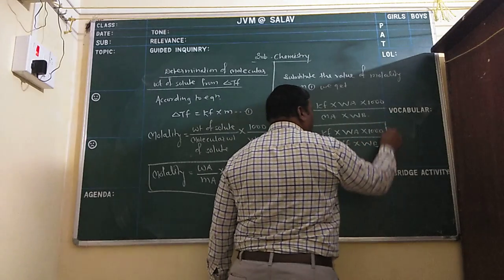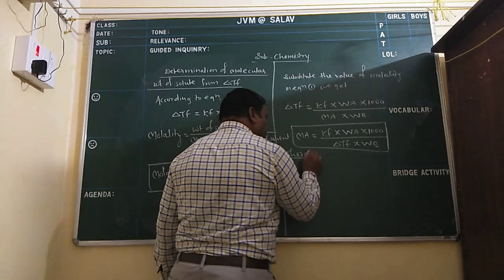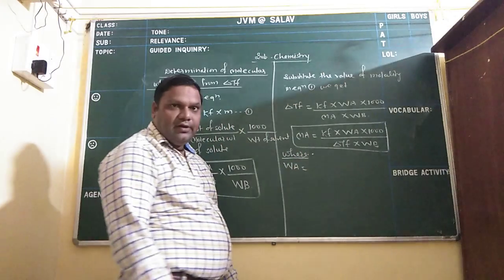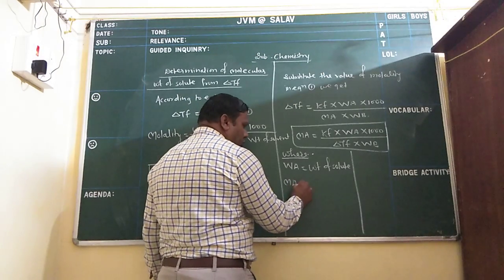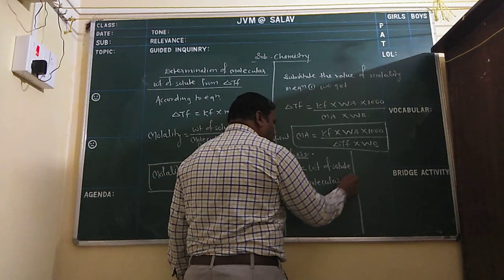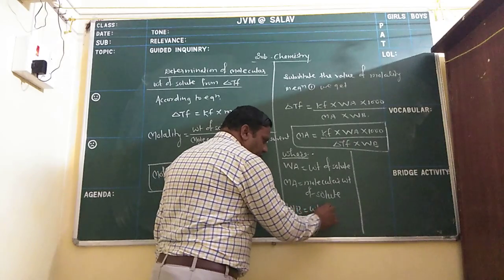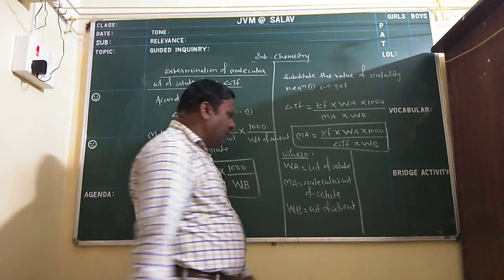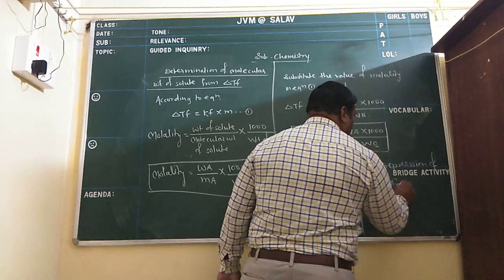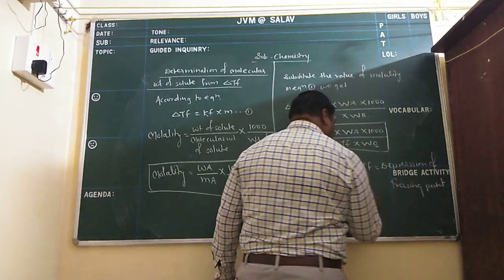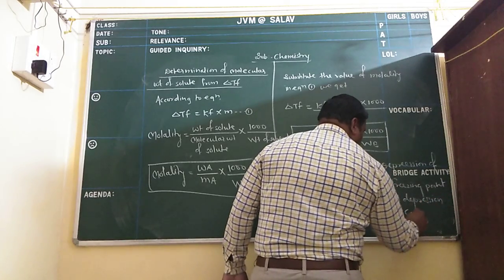So here MA is equal to Kf into WA into 1000 upon del TF into WB, and this is a very important formula to determine the molecular weight. MA indicates molecular weight of solute, WA is the weight of solute, WB is the weight of solvent, del TF is the depression of freezing point, and at last Kf is the molar depression constant.